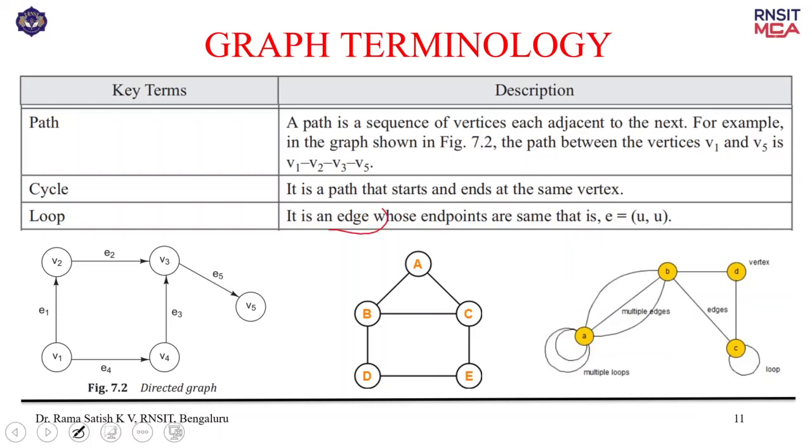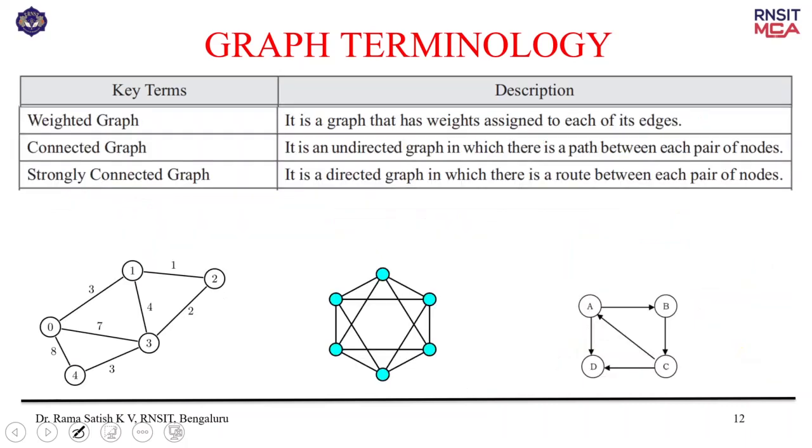If you look at edge, if both the points are same, then it is a loop. In a path, if starting point and ending point are same, then that is called a cycle. That is the two difference that you have to understand.